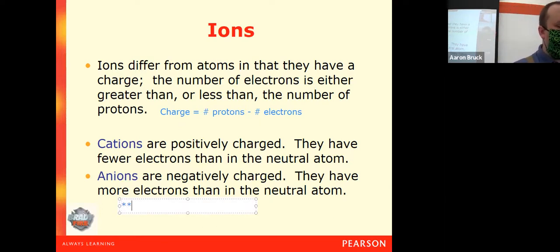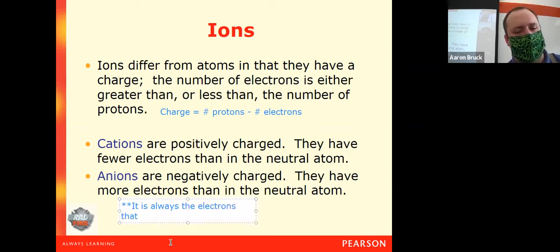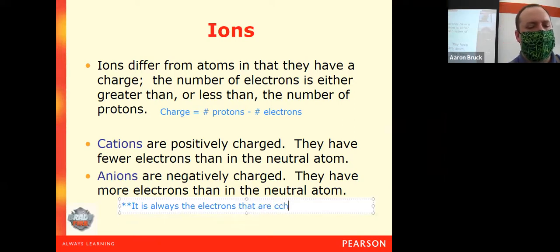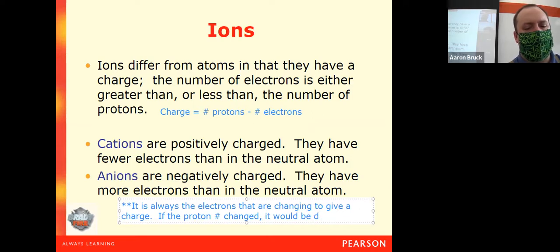But the important thing to notice here is that it's always the electrons that are changing to give a charge. If the proton number changed, we'd be talking about a different element.